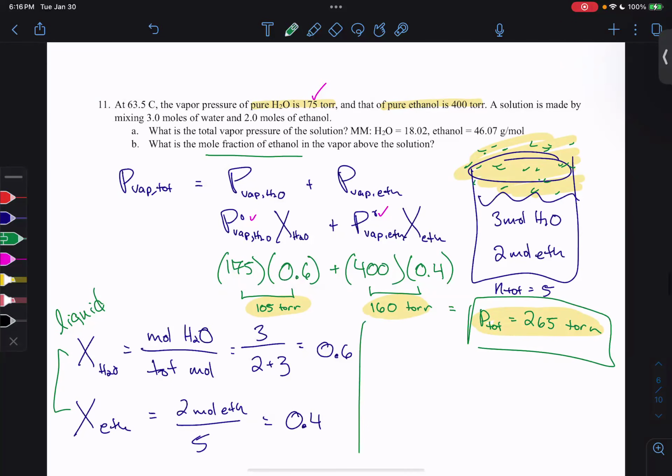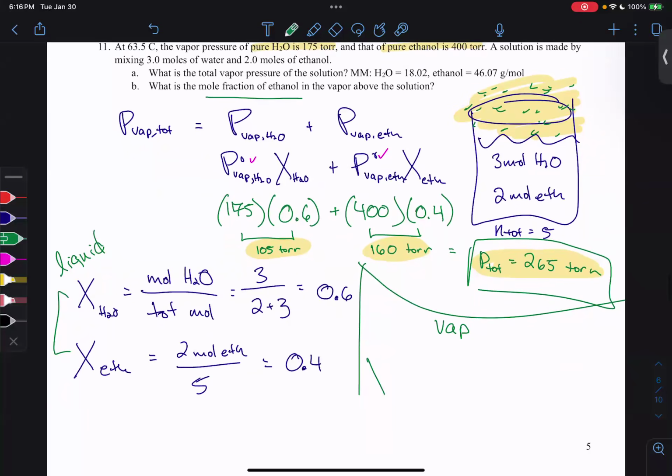So if we want to inspect the vapor phase, we have to use those partial pressures instead. So to get the mole fraction of ethanol in the vapor phase, this is going to be a different number. We're going to take 160 torr and divide it by 265 torr.